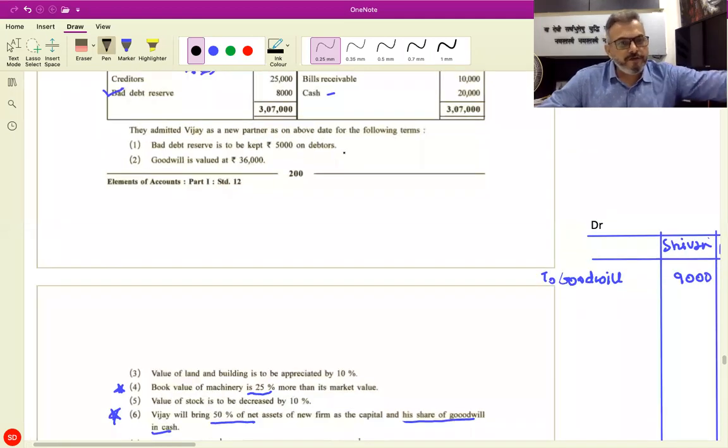Now goodwill is to be valued at 36,000. So we need to first find out the sacrifice ratio.